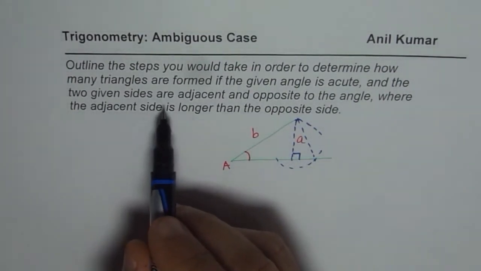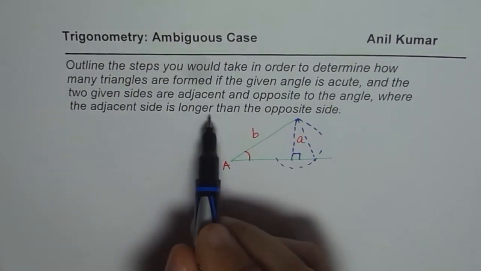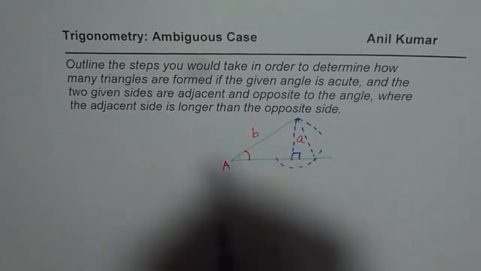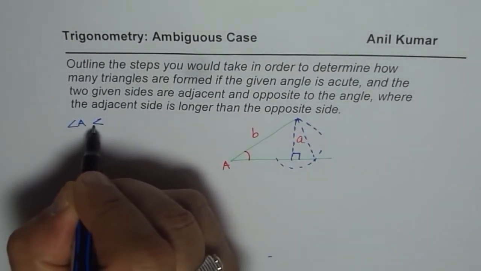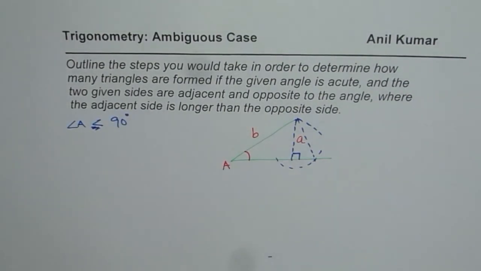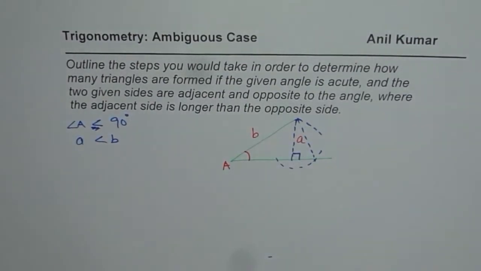And the two given sides are adjacent and opposite to the angle, when the adjacent side is longer than the opposite. So that is a given condition. Let me write down clearly that angle A is less than 90 degrees, acute angle. And we are also given that side a is less than b, because b is the longest side.